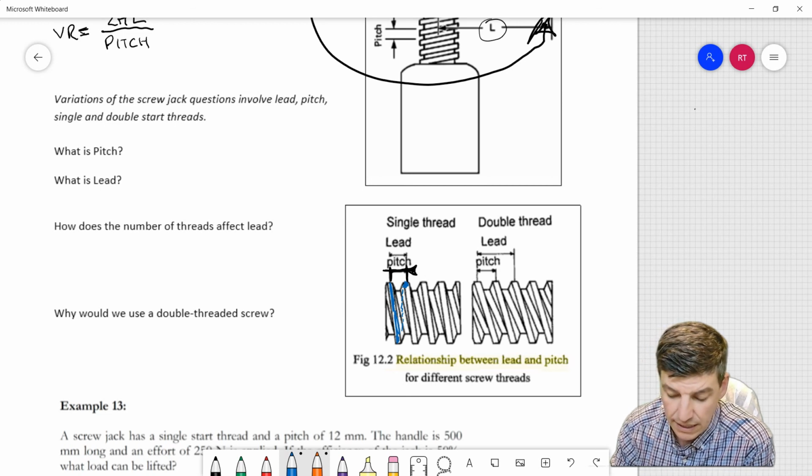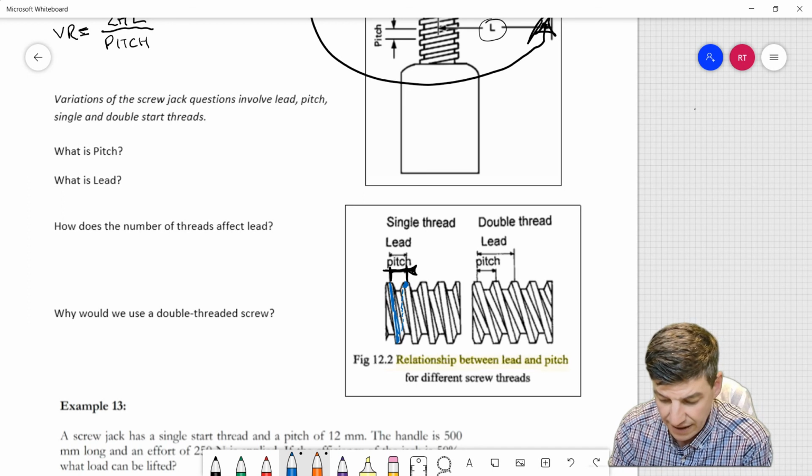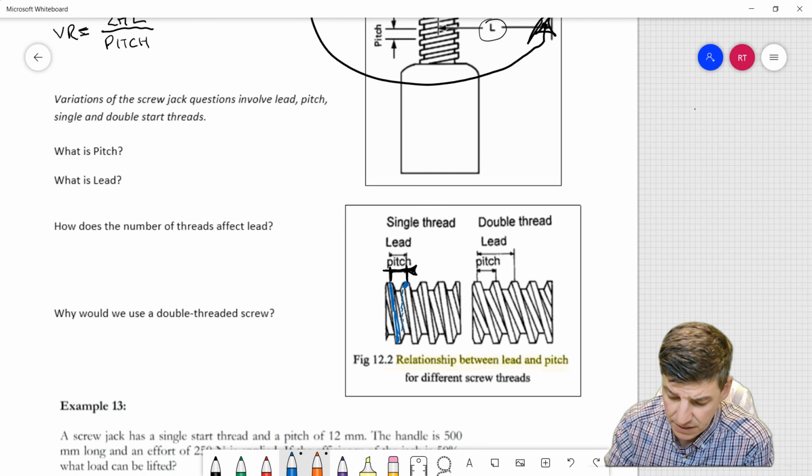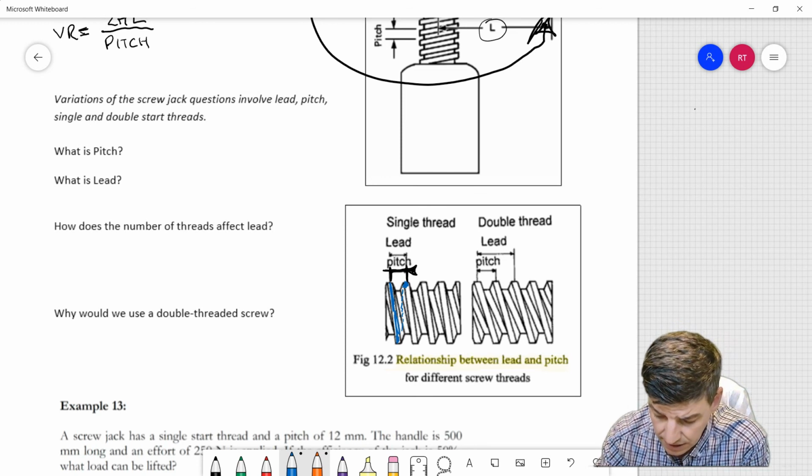screws. In screw jacks, often what we have are double threads. What's different about a double thread is that if I follow through one of these pitches, it comes through like this, and then when it turns around through the back, it connects through over here.